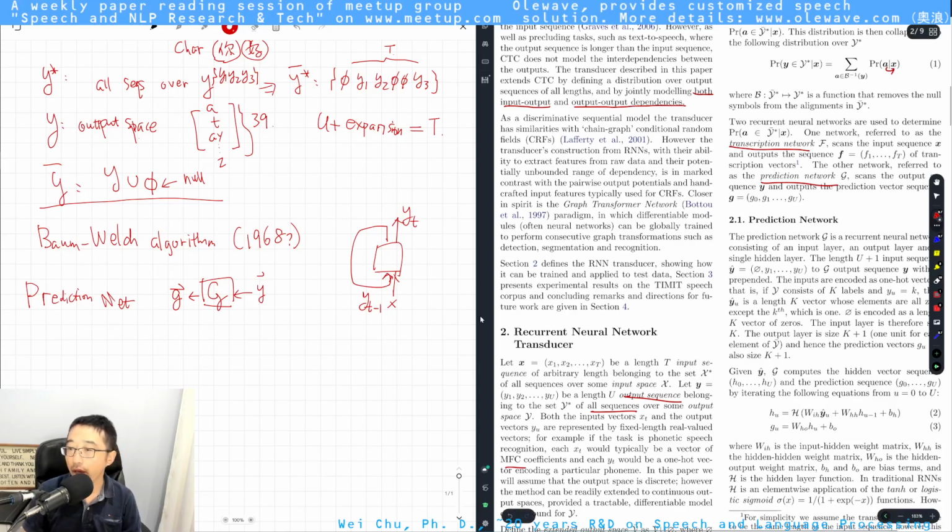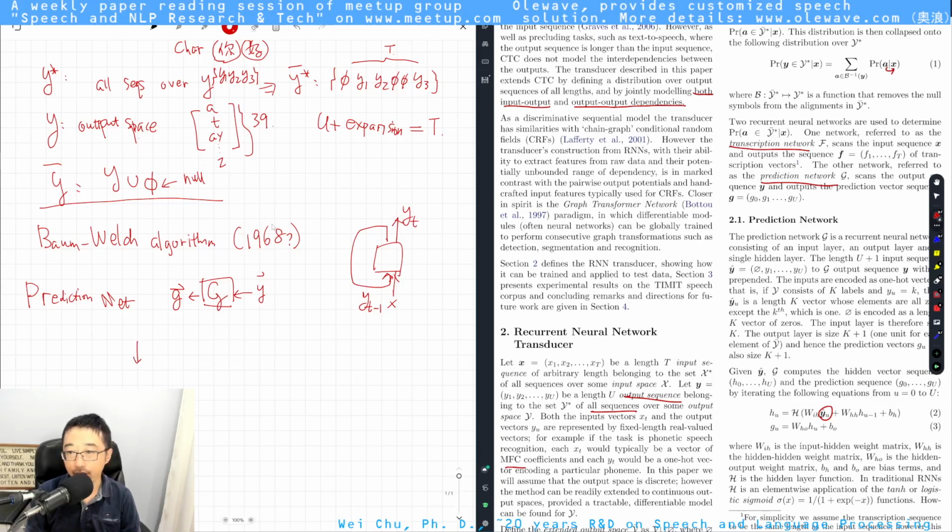The Y hat U is called the input sequence, but it's still the labels of the speech recognition. In his work, these are phonemes, phoneme labels. So what he was doing here in a simple RNN network is this.